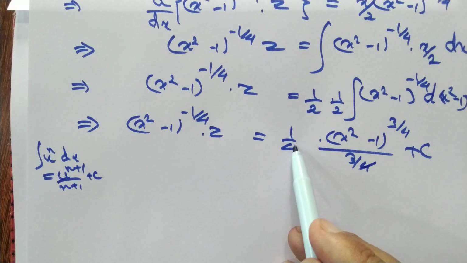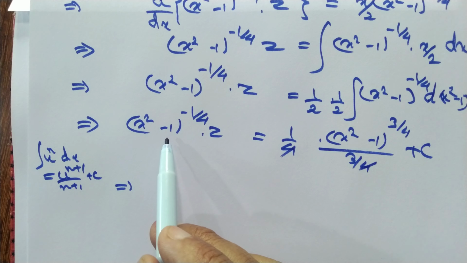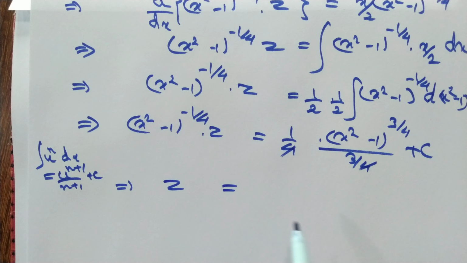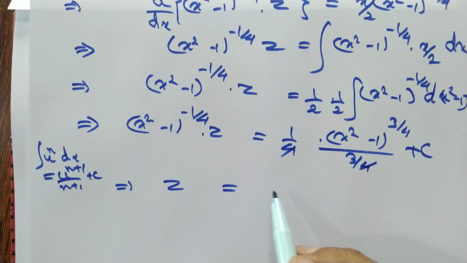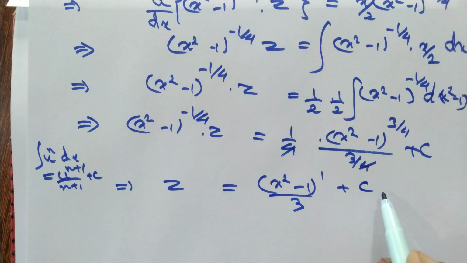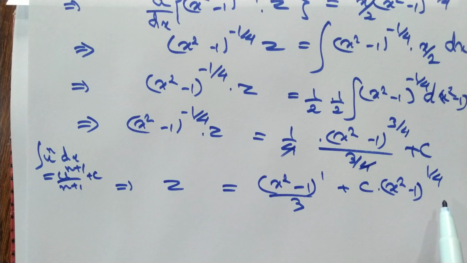We can cancel 4 out, and we can take this expression x square minus 1 to the power minus 1/4 to the right hand side and set z equal to x square minus 1 to the power 3/4 plus 1/4, that is just 1 by 3, plus constant times x square minus 1 to the power 1/4, and we are done.